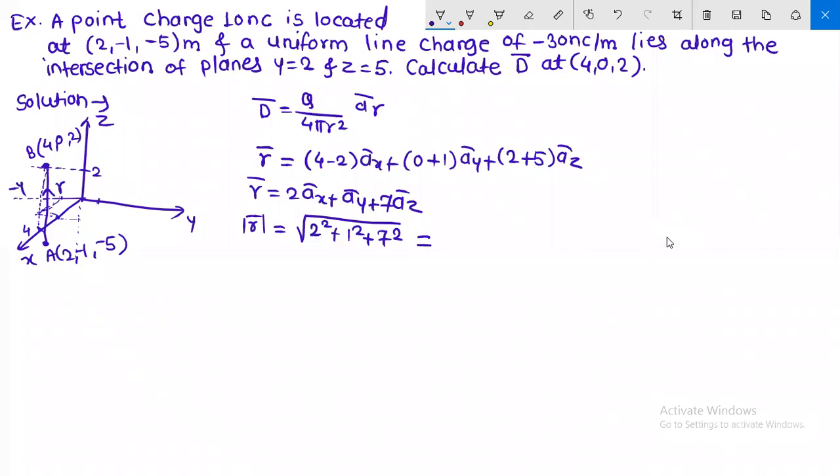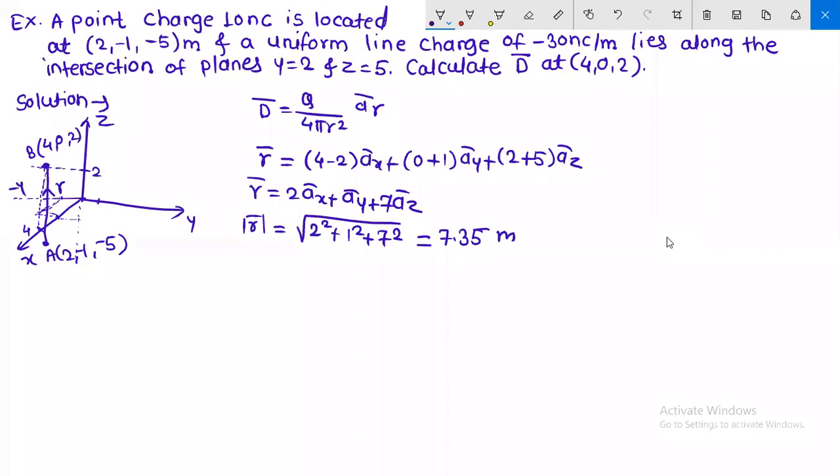So find mod of R bar. It is 7.35. Okay, this is in meter. If the unit is given, you can also write the unit.